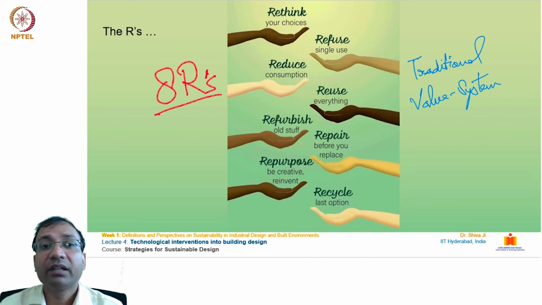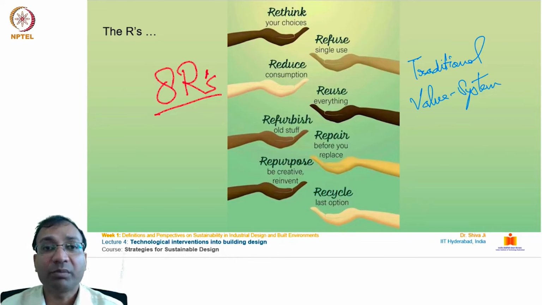Again, repairability: electronics and electrical gadgets which develop some snag or malfunction can always be repaired. We must not discard them after just one malfunction and buy a new one. That's not a good practice. Again, repurposing, like plastic: the example we saw where discarded plastics are used for the top layer of roads.